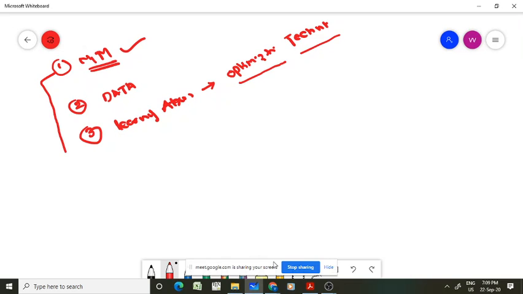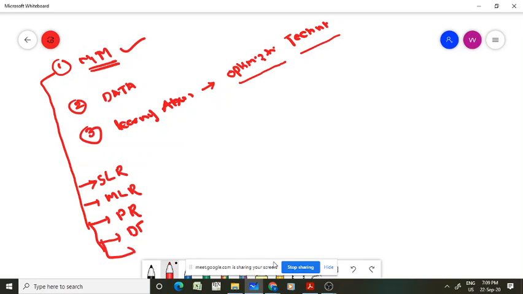We have different types of machine learning models like the simple linear regression model, multiple linear regression model, polynomial regression model, decision trees, random forest, SVM, that is support vector machines, artificial neural networks, convolutional neural networks, recurrent neural networks, LSTM, that is long short term memory, and GRU, that is gated recurrent unit. So many machine learning models are available.